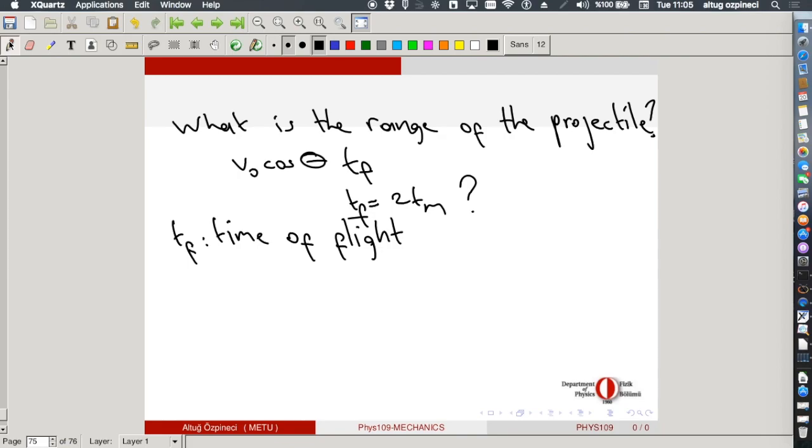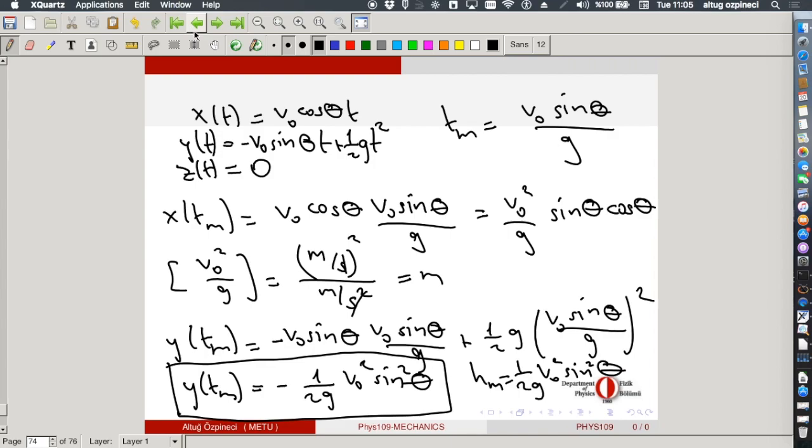So if we integrate g two times with respect to time, we can get the height. No, we don't need to integrate. We already know the position as a function of time, and we can just use this relation.